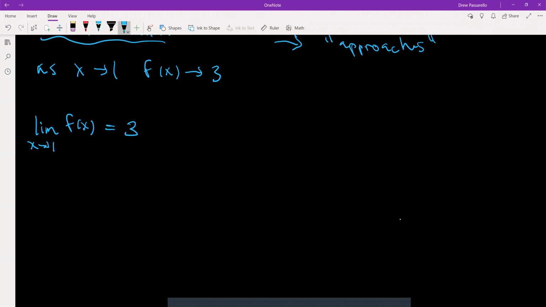All right, so in general, I might write it as x approaches some value c, f of x approaches some value L. And so c and L are just some numbers.